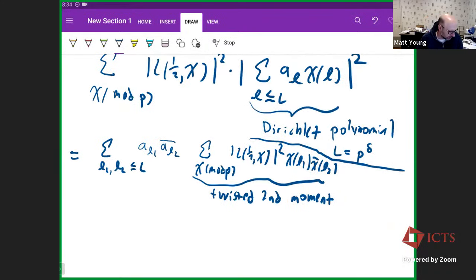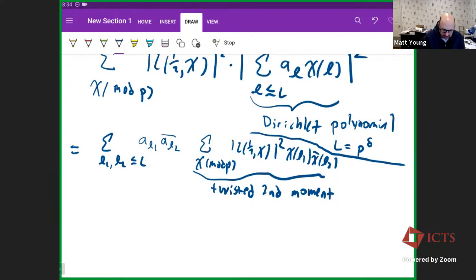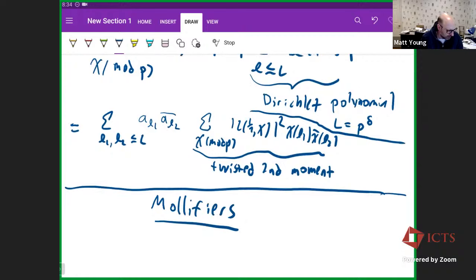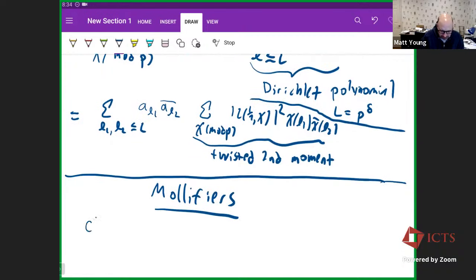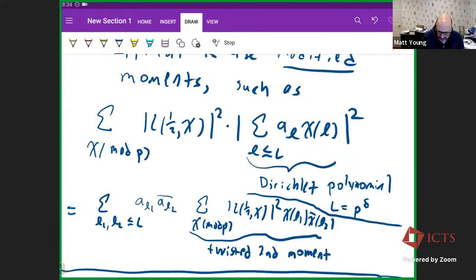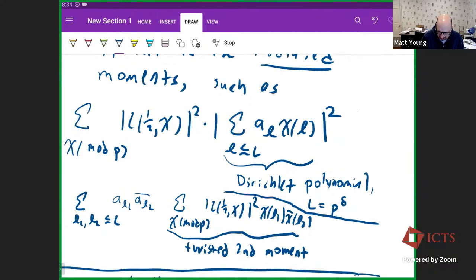So what's a good choice? One interesting choice goes under the name of mollifier. Let's give this Dirichlet polynomial a name, A of chi.